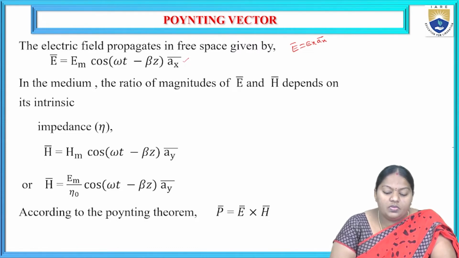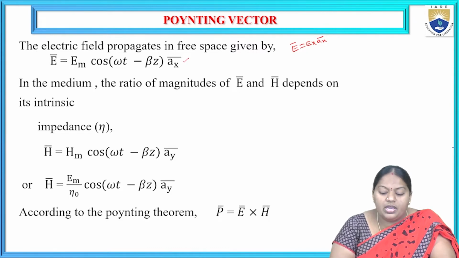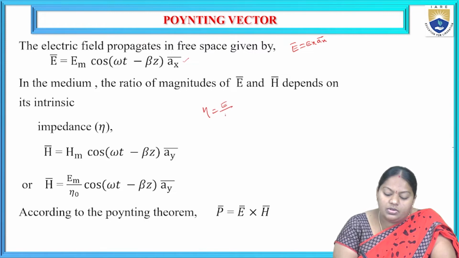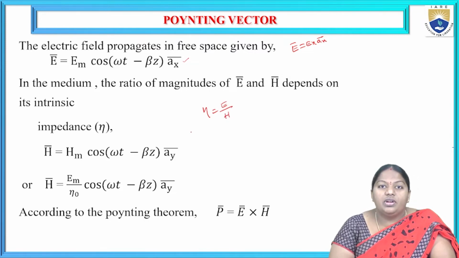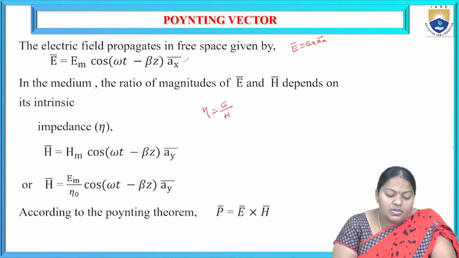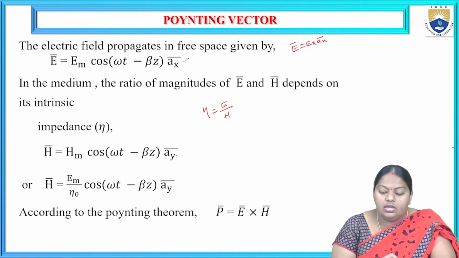Then in the medium, the ratio of the magnitudes of E bar and H bar depends on the intrinsic impedance eta. In general we know that the intrinsic impedance eta is the ratio of E to H, the electric field intensity vector E to the magnetic field intensity H, right? So from this we can write H bar is given by Hm cos(omega t minus beta z) into Ay.